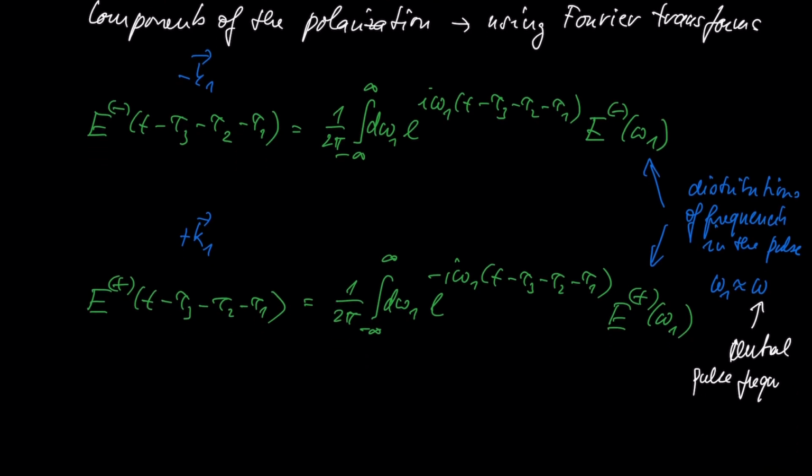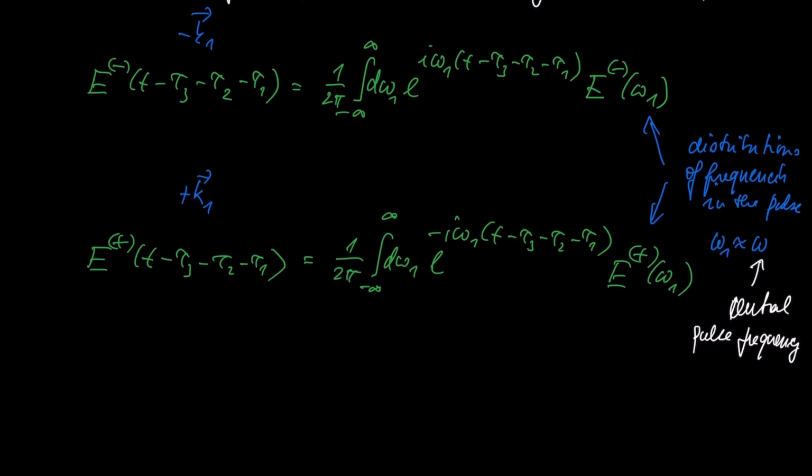We say that we have a pulse, even though it is somehow broad, there is a middle frequency of it, and we say we have light at, for instance, the frequency, I don't know, 12,000 inverse centimeters or something like that. And these E minuses and E pluses express the distribution of the frequencies that are present in this problem. They express it in terms of spectra or functions of frequency.